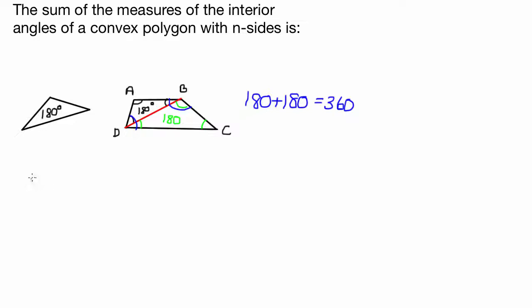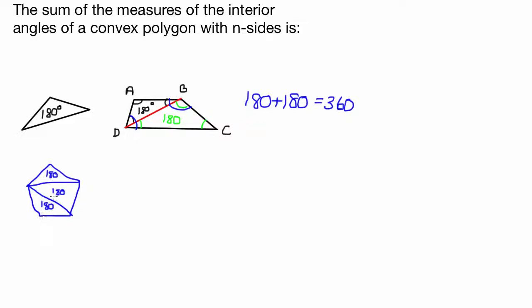All right, so now what if I drew you a pentagon? So 1, 2, 3, 4, 5. I know I drew it freehand, so it's not that great. What if you did the same thing and you created triangles? So you started at one vertex here and you tried to create as many as you could. Do you agree that's 180, 180, and 180?